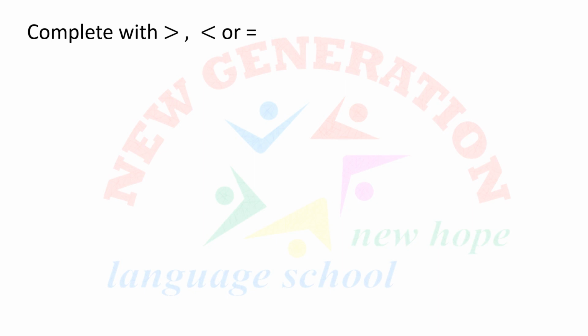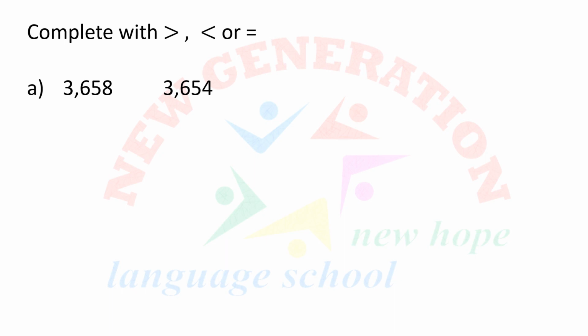Okay, complete with greater than, smaller than, or equal. Read these numbers: 3658 and 3654. Okay, I will start comparing between them.